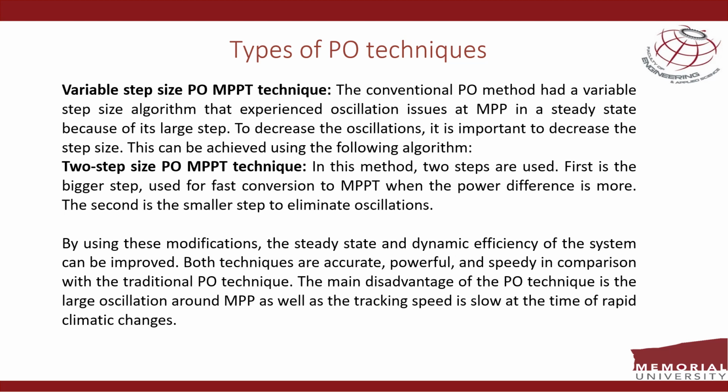Using these modifications, one can improve the steady state and dynamic efficiency of the PV system. However, it does have some drawbacks such as the oscillation around maximum power point and slow speed at the time of rapid climate changes.